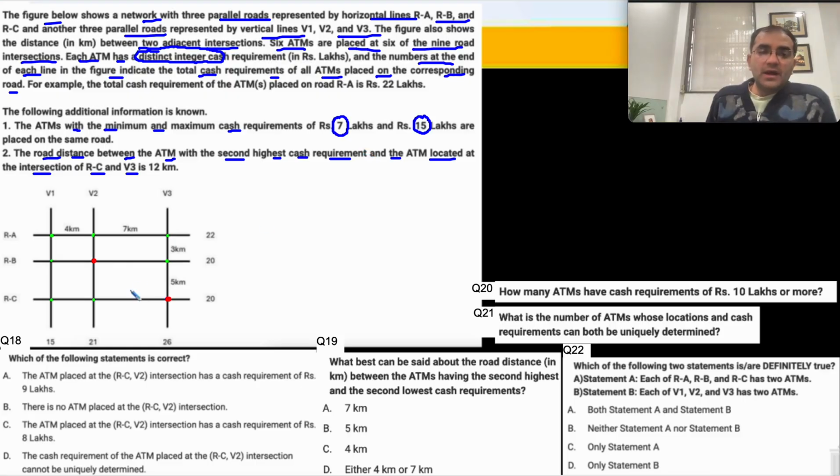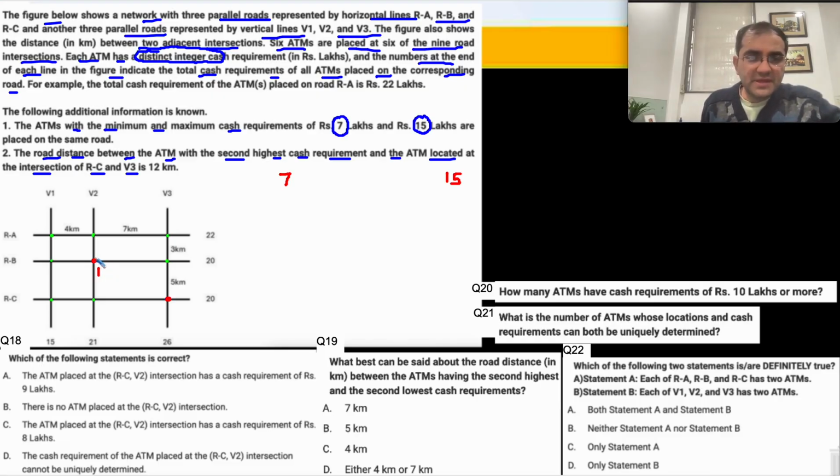Now I have to check if the highest value is 15. मेरे पास 7 है and मेरे पास 15 है. Second highest 14 हो सकता है क्या on this particular spot?